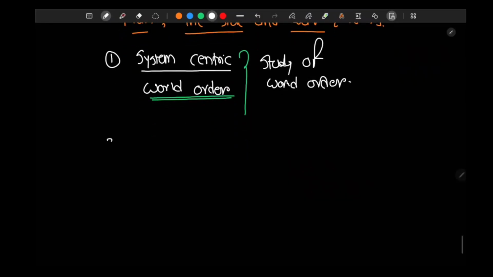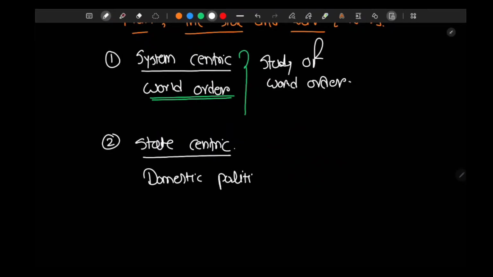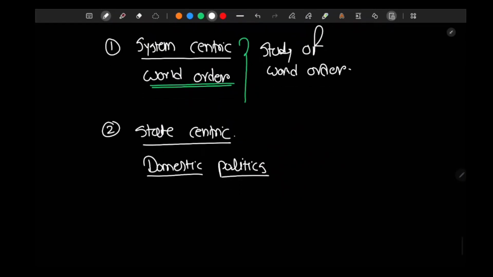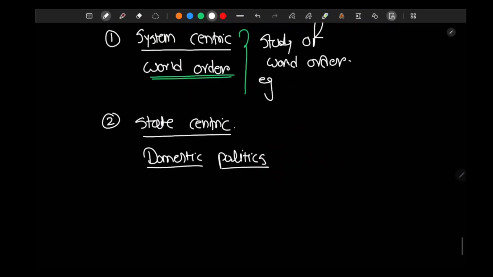The second image of international politics is state-centric. In the system-centric approach, you might study the UN, right? It is an order of sorts in which the US is the most dominant actor.